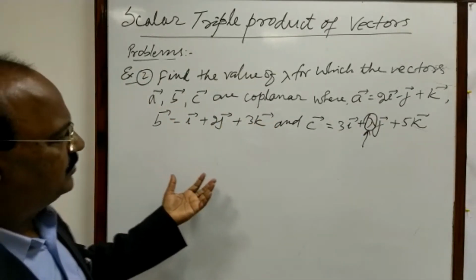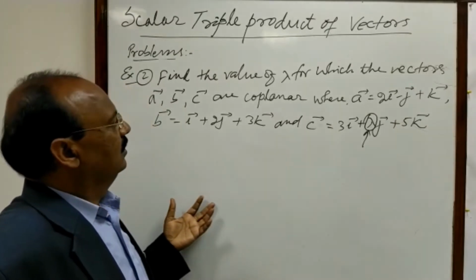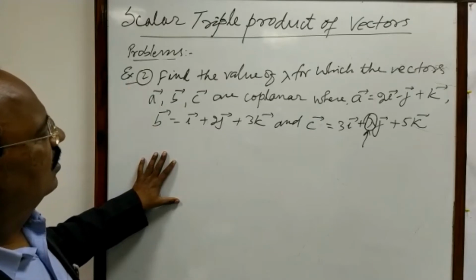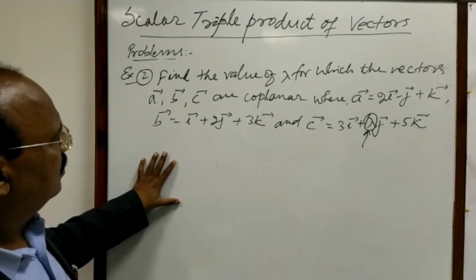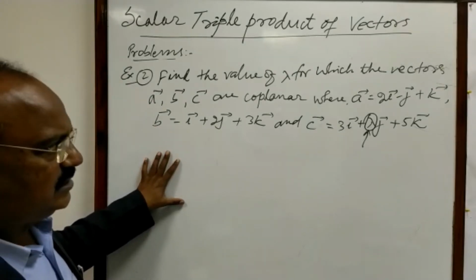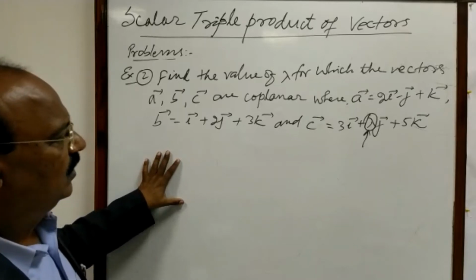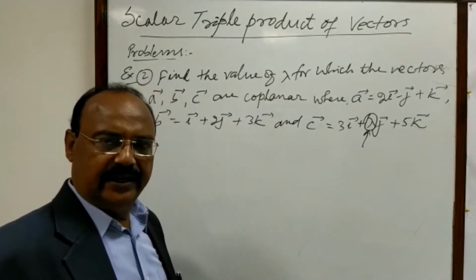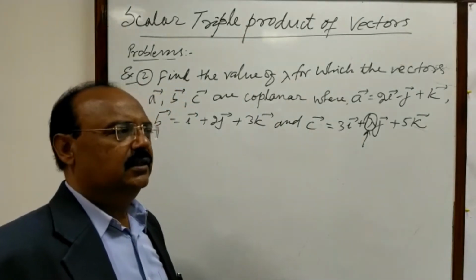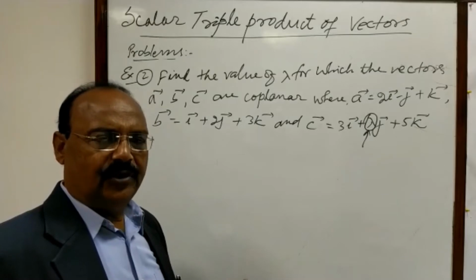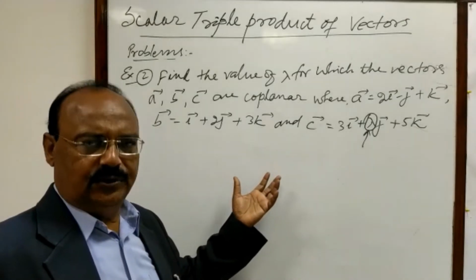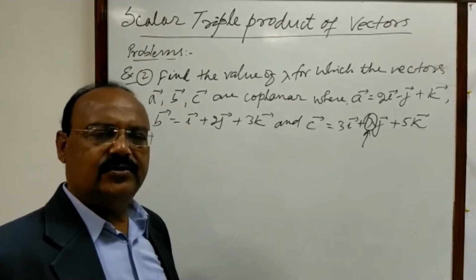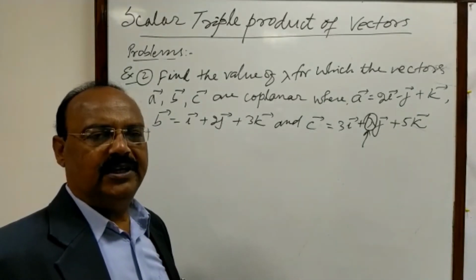Just now we have seen in the previous question that if the triple product of vectors is 0, then these three given vectors will be coplanar, because in that case the volume of the parallelepiped formed with the help of these vectors will be 0. It means vectors are lying on the same plane. That's why the volume of the parallelepiped is 0.